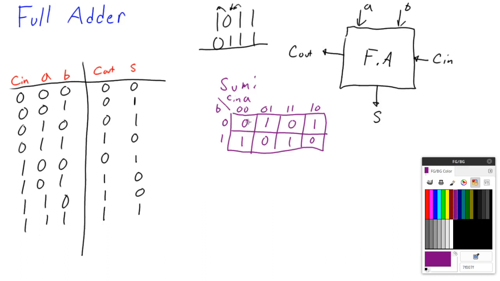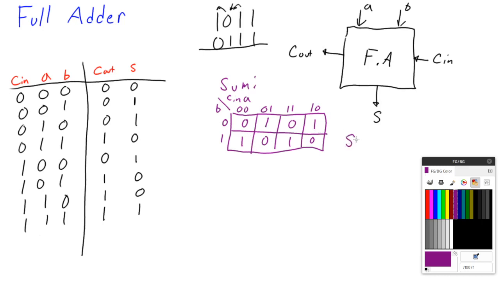But identifying checker patterns in a K-map can indicate exclusive OR gates in our function. So it's not the traditional sum of products or product of sums.